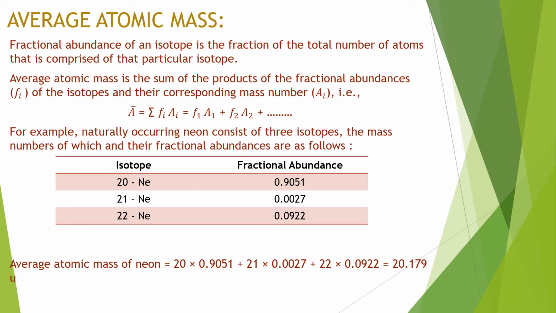That will be equal to 20 into its fractional abundance, plus 21 into its fractional abundance, plus 22 into its fractional abundance, using the given formula. So ultimately we get 20.179 U, which is the average atomic mass of neon.